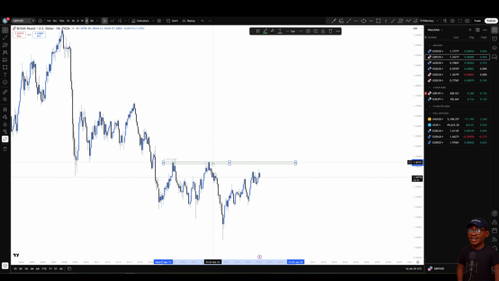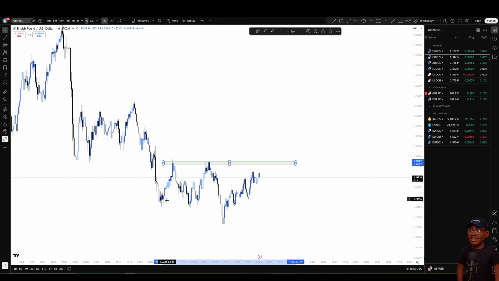Now we are using rectangles to denote this area, because support and resistance is not a price point, it is an area. So this entire area symbolized by this rectangle qualifies to be the resistance area. It is not a price point.